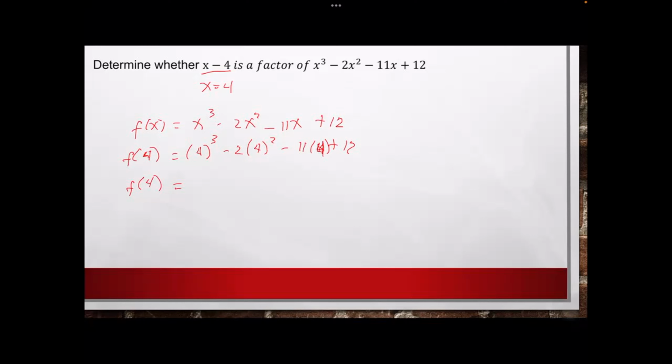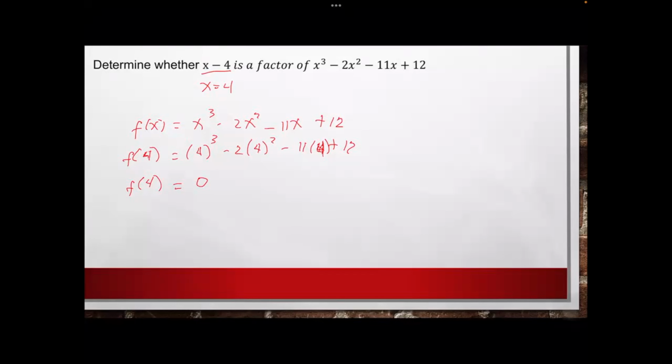So, you have 4 cubed minus 2 times 4 squared minus 11 times 4 plus 12. Yes, aklaro again. 0 po. How about the others? Del Mundo, 0 din po.